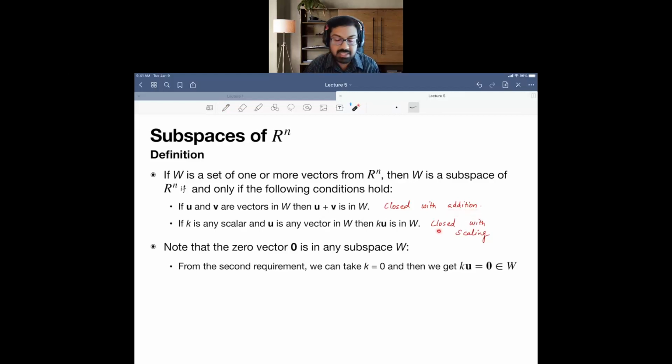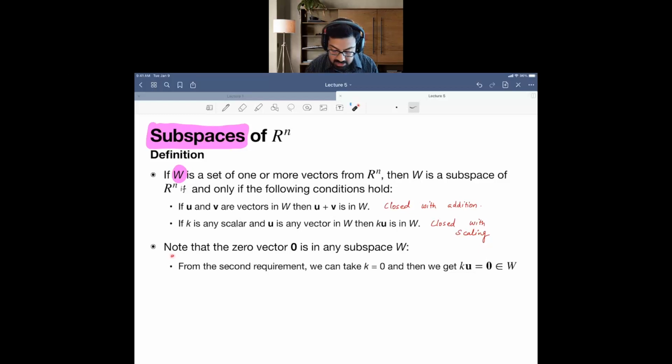And if you multiply a scalar with a vector in that subspace, it should also belong to that subspace. If these two conditions are true, if and only if these two conditions are true, then we can call W to be our subspace. And we'll take a look at examples where we find subspaces, and we'll also take a look at some examples that are not subspaces. So that will give you a little bit more clarity about how we can work through checking for closed with addition, closed with scaling.